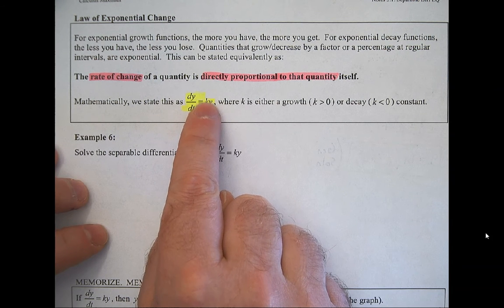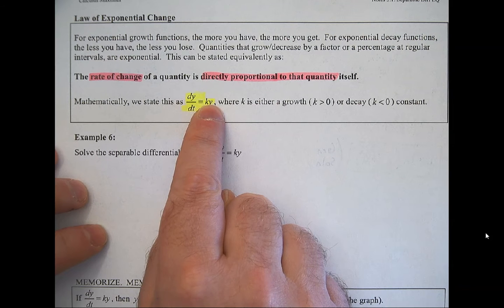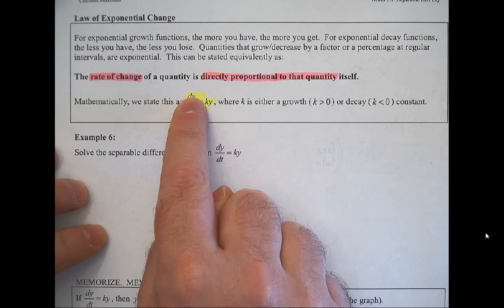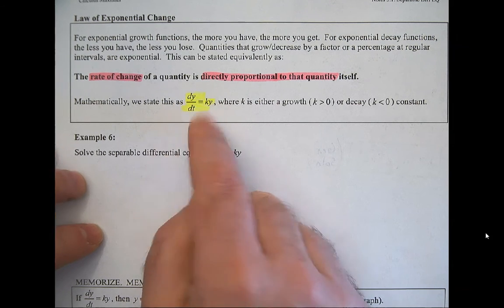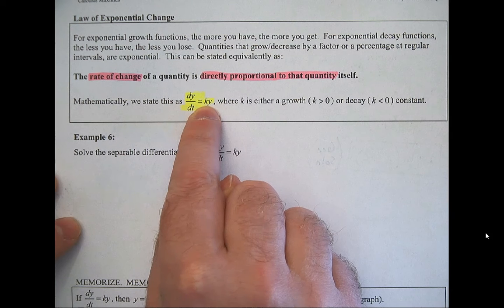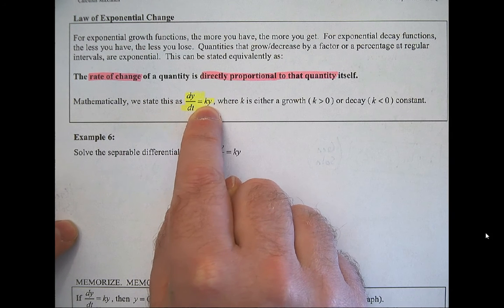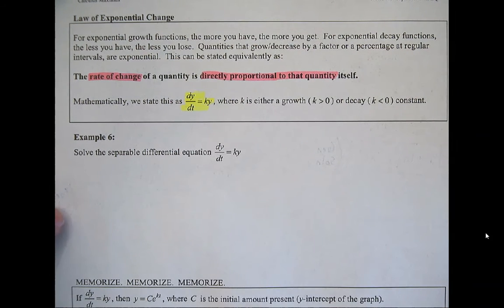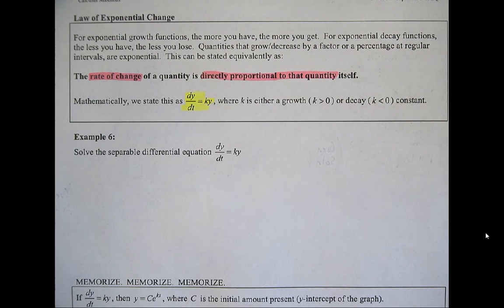So I would take that 1.03 and I would times it by how much money I had. Then I would take that new amount and I would times that by how much money I have. So this little relationship is this idea that if you have money in the bank and you're earning interest on it, however much money you have, it gets multiplied by whatever your interest factor is. I don't know if that was very helpful, but hopefully it made a little bit of sense.